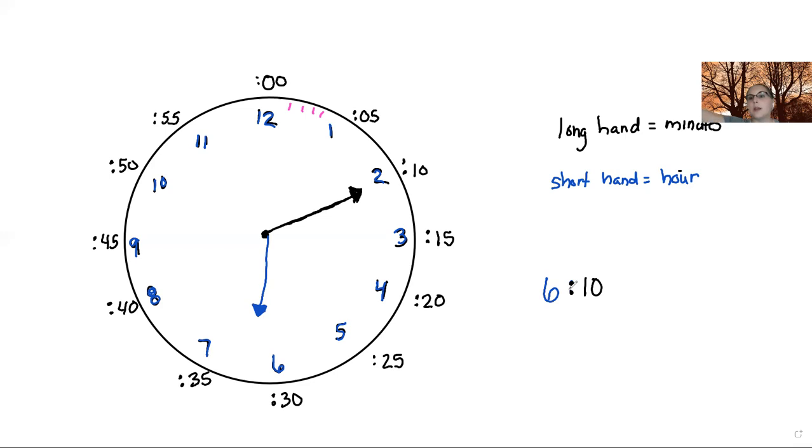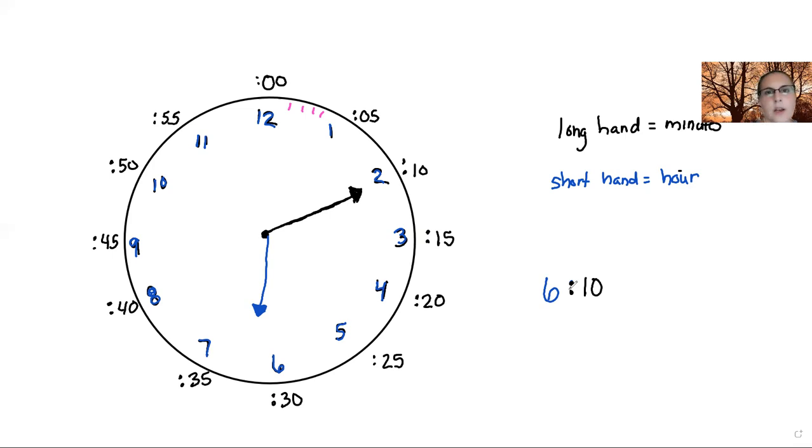The long hand is pointing to where the 10 would be. And my short hand is pointing down to where the 6 is. We're just after the 6. The short hand is going to move as the long hand does. It's just going to move a little bit slower.